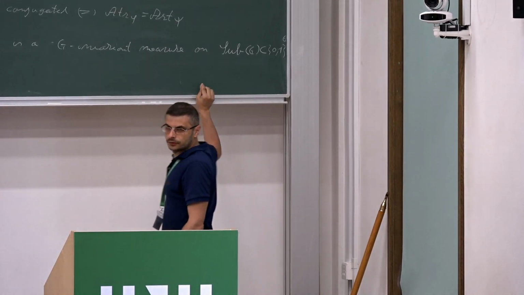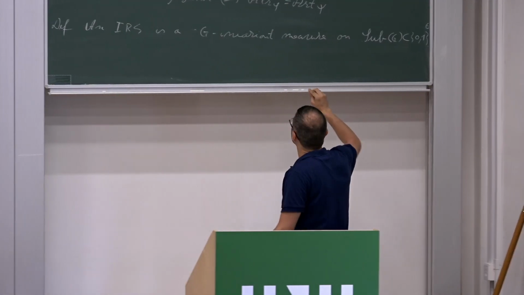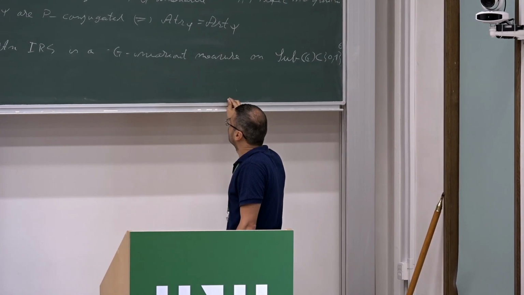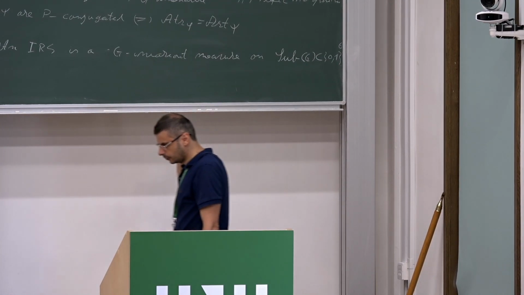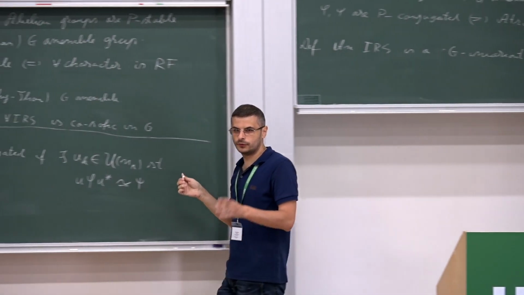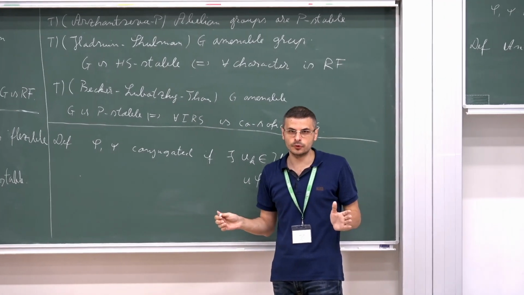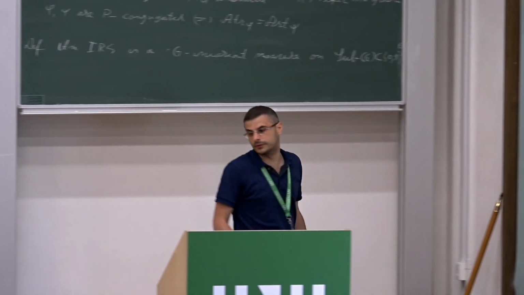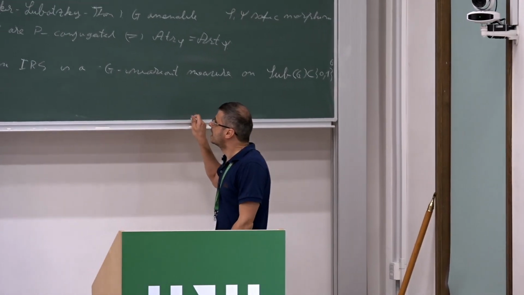I don't want to insist too much, I don't know how much time I have left. This is a generalization of the notion of normal subgroups. If you don't have enough normal subgroups, you can look at invariant random subgroups, maybe to solve your problem.